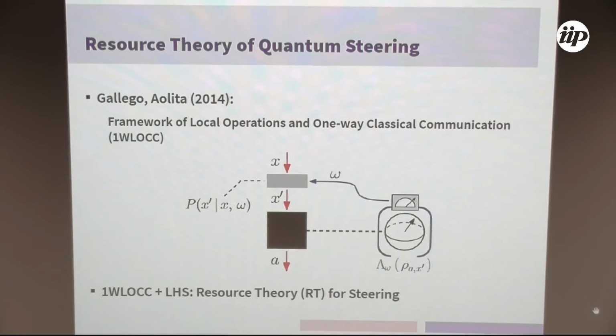This was done by Leandro Olita and Rodrigo Gallego in 2014, where they developed this framework of local operations and one-way classical communications, which entails a class of free operations, where then you have the possibility on the quantum side of the system to perform any type of map, any type of completely positive trace preserving map.